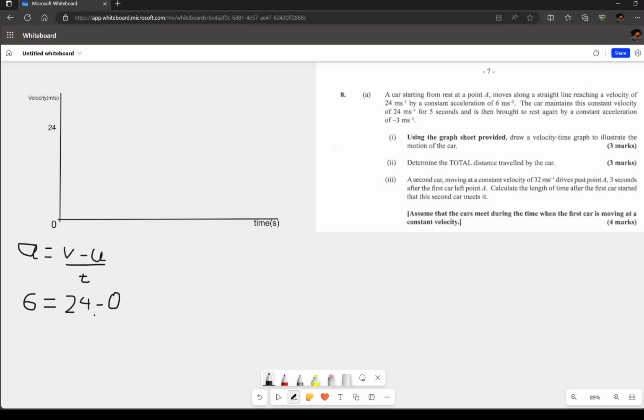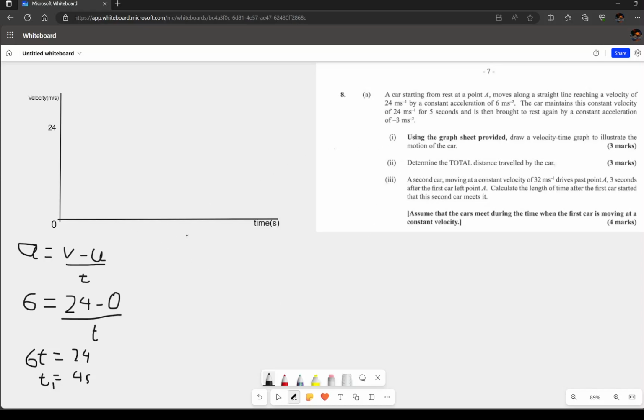Our initial will be 0 since we started from rest, and that's all over t, which is what we're trying to figure out. Therefore we have 6t is equal to 24, because 24 minus 0 is obviously 24, and t is equal to 4 seconds. This t I'm just going to call t1 for the sake of it. So that's our first time period: it took 4 seconds to accelerate, and 5 seconds at constant velocity.